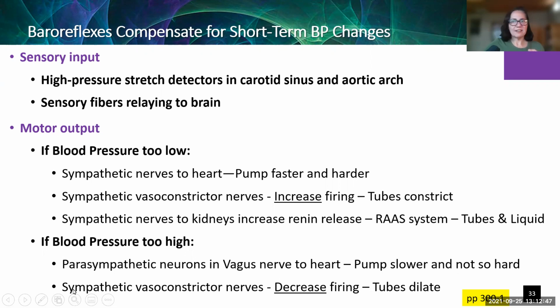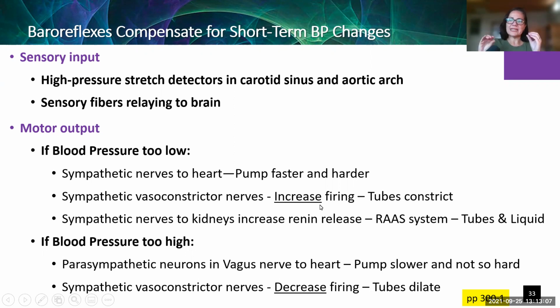We don't have parasympathetic neurons going to the blood vessels. We only have sympathetic neurons going to the blood vessels. And so to get the blood vessels to squeeze harder, we increase firing from these neurons, and the tubes respond by constricting.